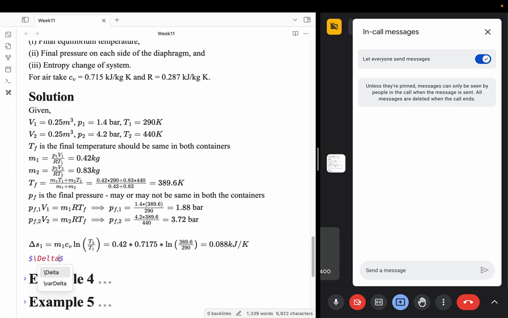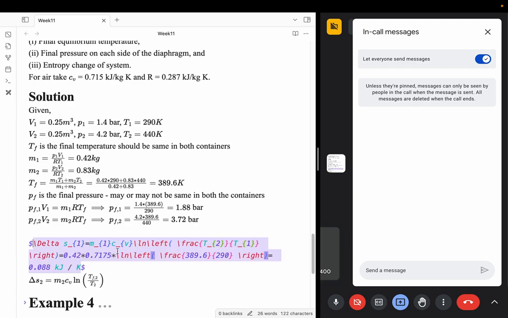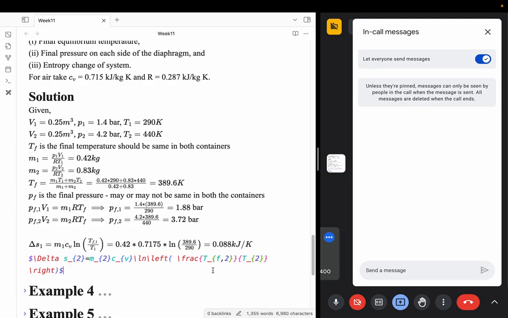Similarly, you can do it for the second one also. And this comes out to be minus 0.073.